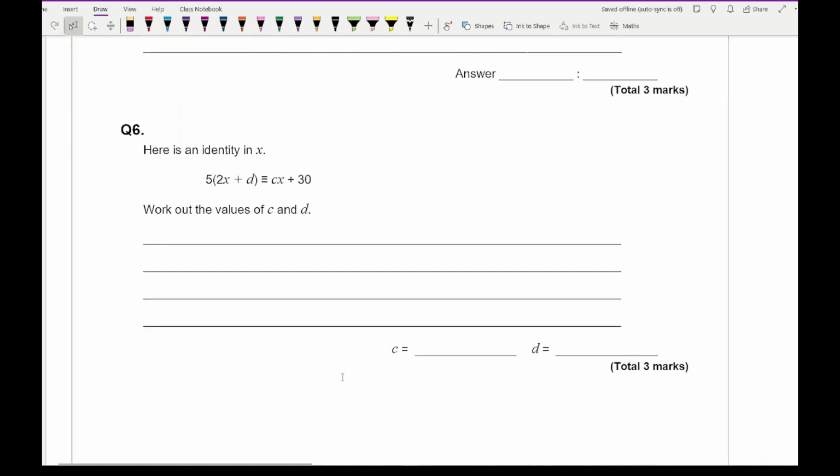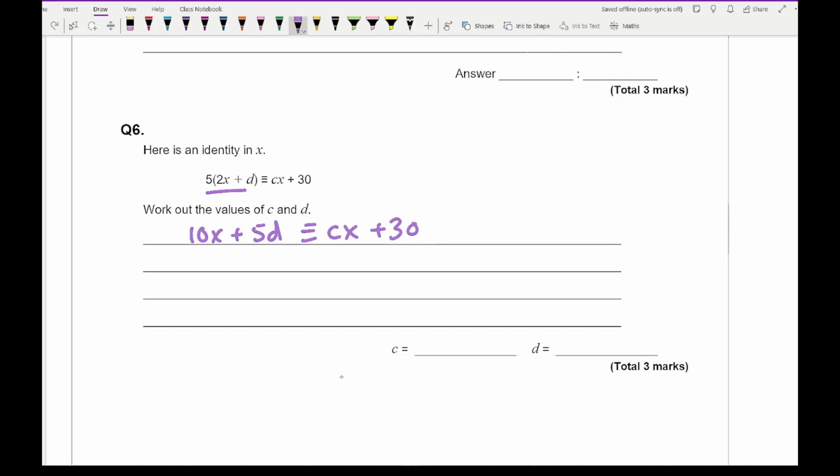Question 6, it says here is an identity in x, and we've got 5 lots of 2x plus d is identical to cx plus 30. It says work out the values of c and d. So for this, what we need to do is first of all expand the brackets on the left hand side, so we get 10x plus 5d can be algebraically written as cx plus 30.